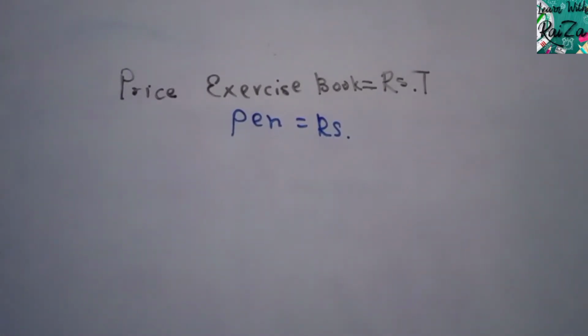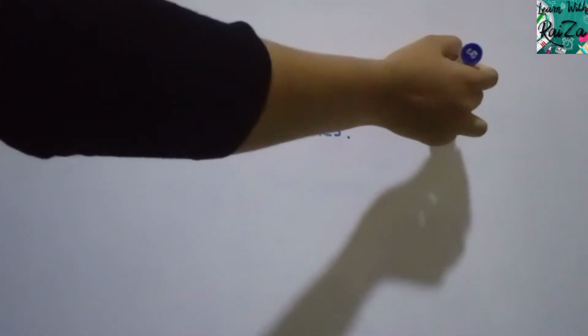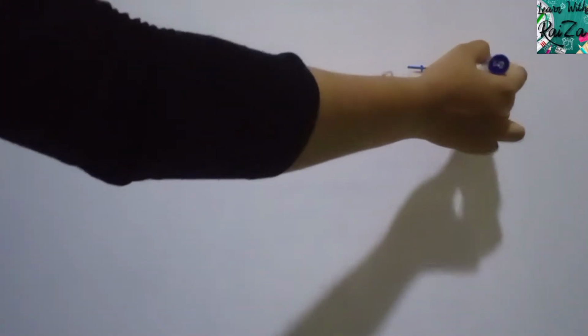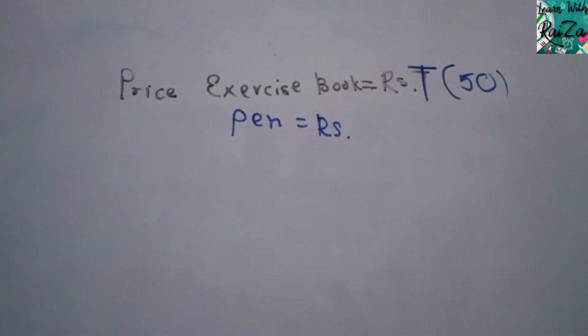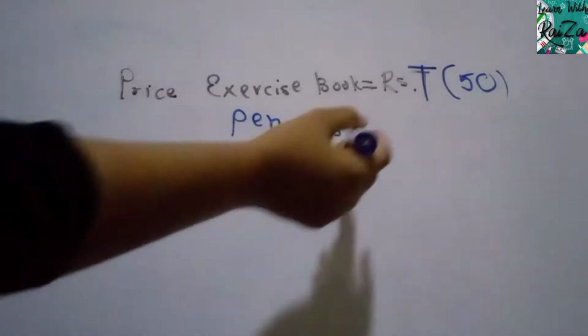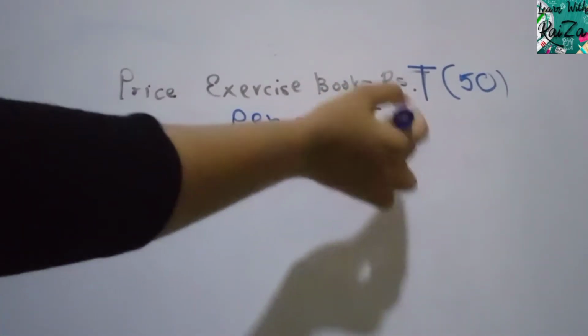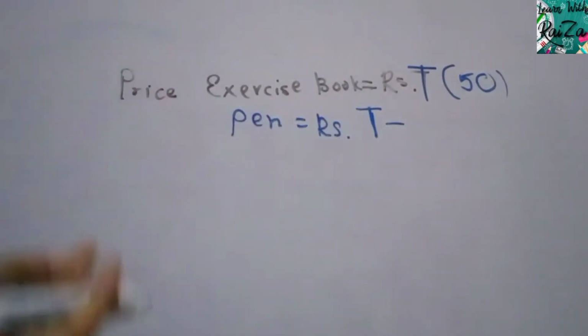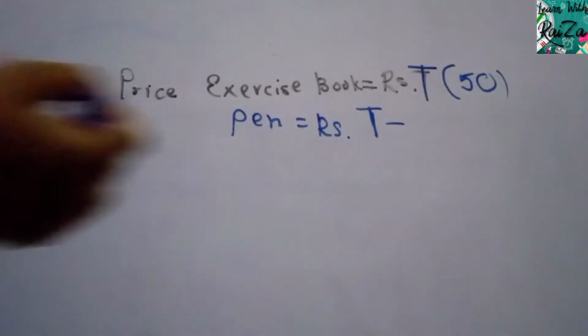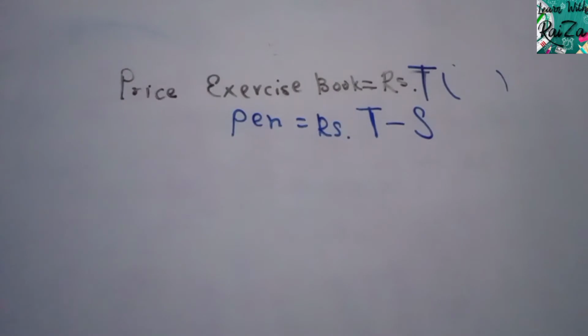Just imagine this T as 50. If I say rupees S less than 50, less than means, of course, subtraction. Rupees S less than T means T minus S. So that was the assumption. That is the price of the pen.